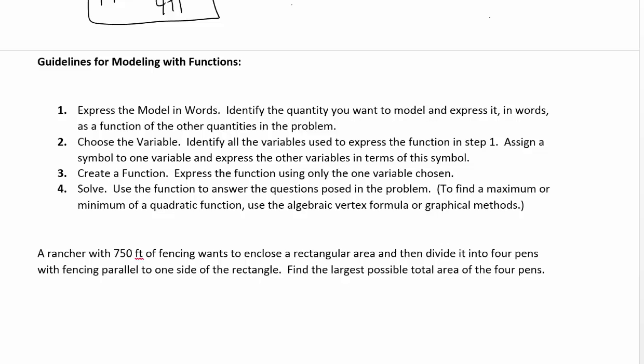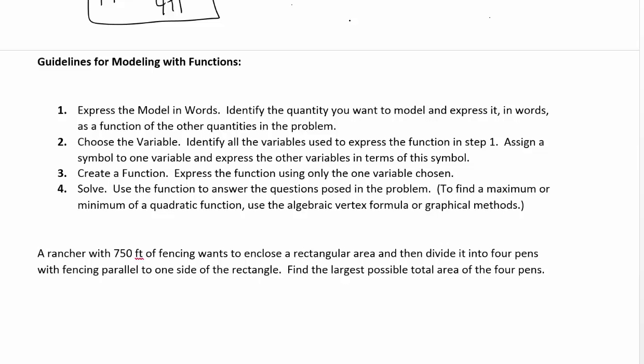So maybe a perimeter or an area or a cost, something like that. So what we're going to have to do is put that cost function or that area or whatever that objective function is in terms of a single variable, just like we did in these other two problems, and then find its max or its min. And sometimes we'll be able to find the max or the min by hand, but a lot of times we'll have to use a calculator.